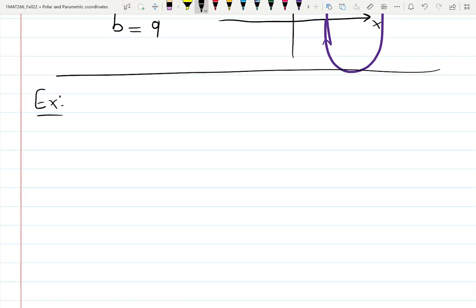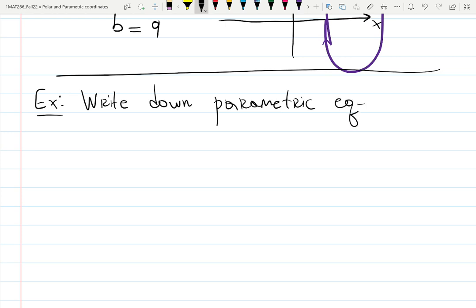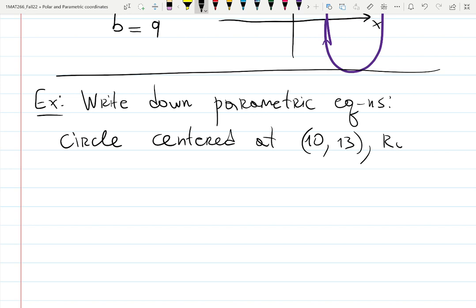Example: write down the parametric equations of a circle centered at 10 and 13, radius 3. Can you write it down?